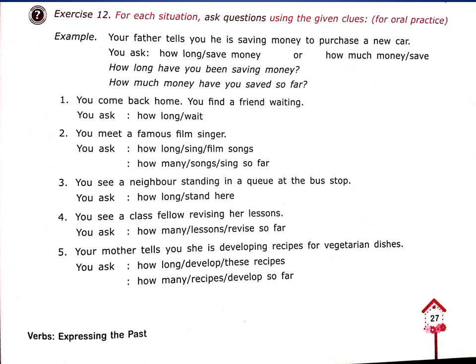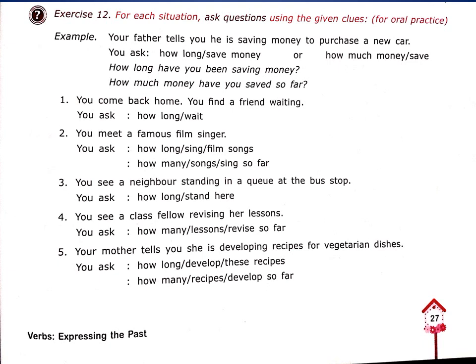Yes, exercise 12: for each situation, ask questions using the given clues. Now you have the clues. Let's read the examples. Based on that, you need to frame questions, right? Your father tells you he is saving money to purchase a new car. You ask how long save money, how much money save, right?